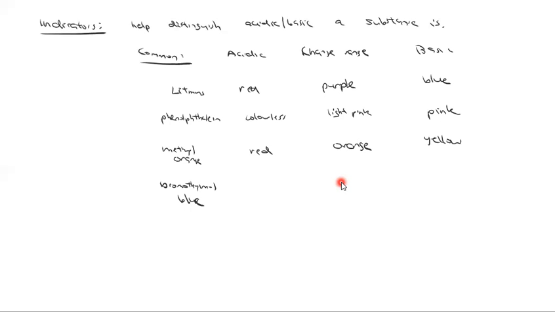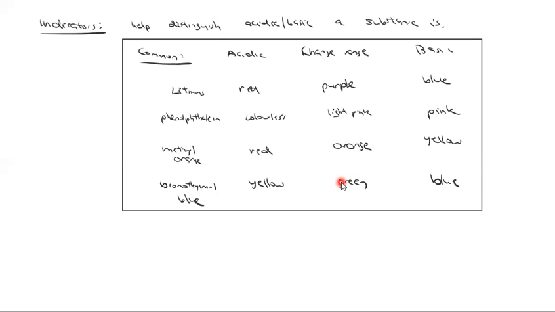And your bromothymol blue is going to be blue and green because it mixes with yellow. So typically, we commonly use colors to distinguish. There are indicators that aren't using colors, but our focus is, of course, on color ones for now.